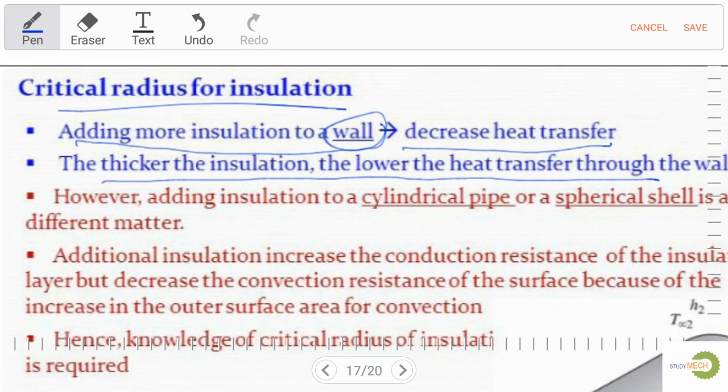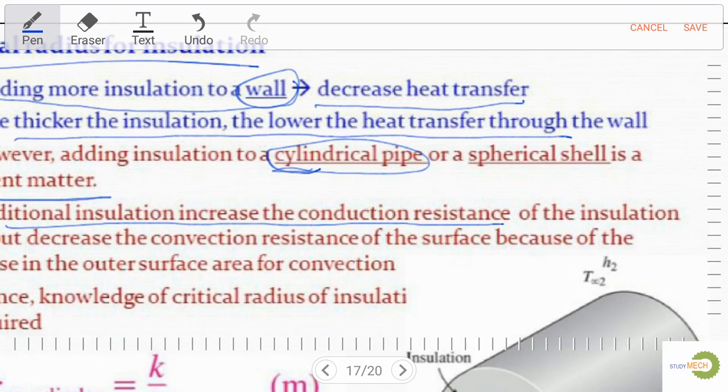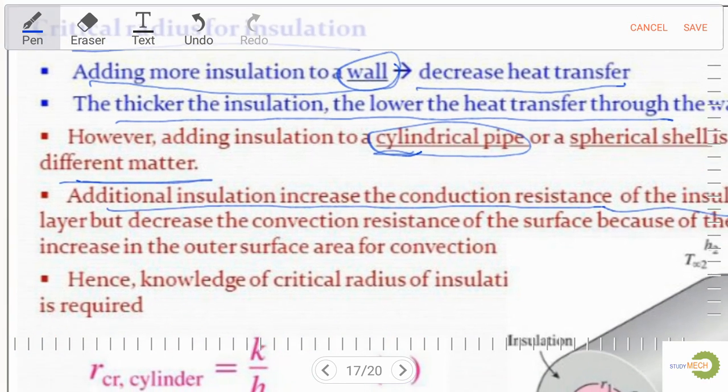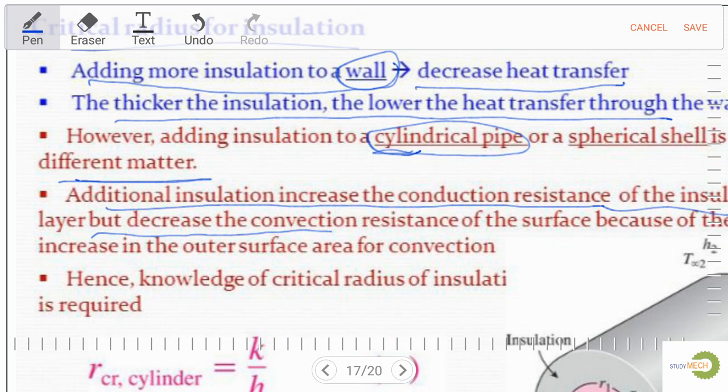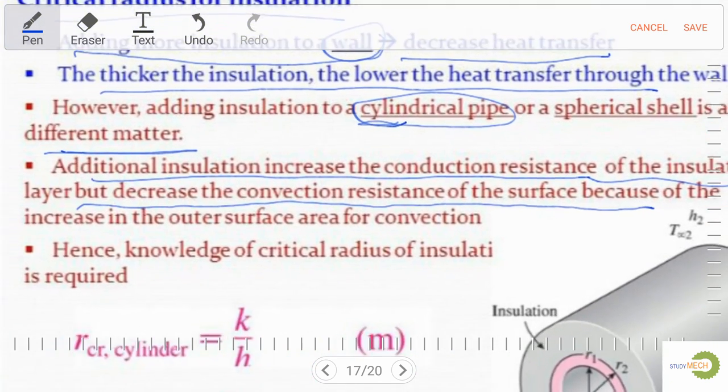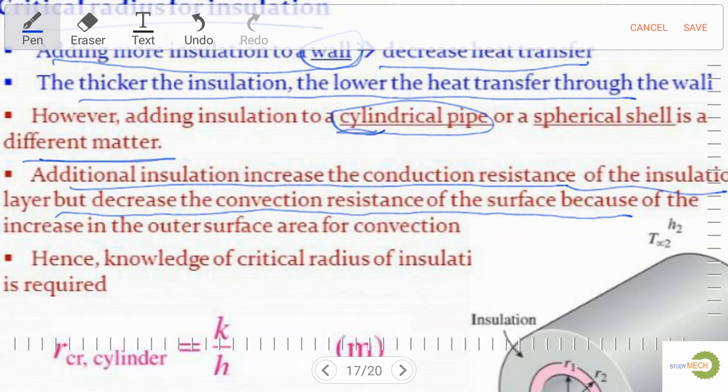But in the case of a cylindrical pipe, it is a different matter. How? Let's see. Additional insulation increases the conduction resistance of the insulation, but it will decrease the convection resistance of the surface, because the insulation will increase the outer surface area for convection.